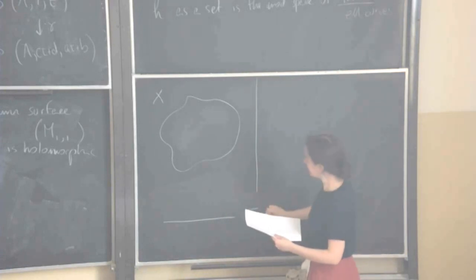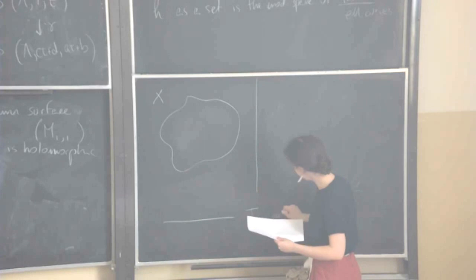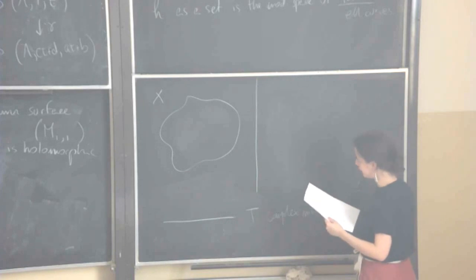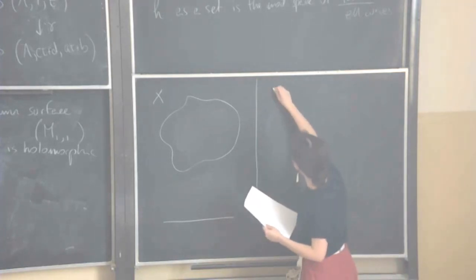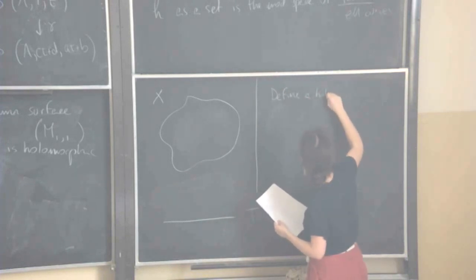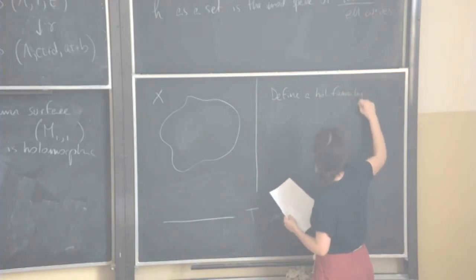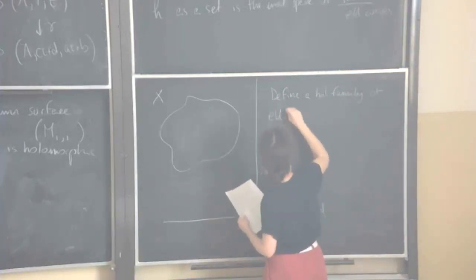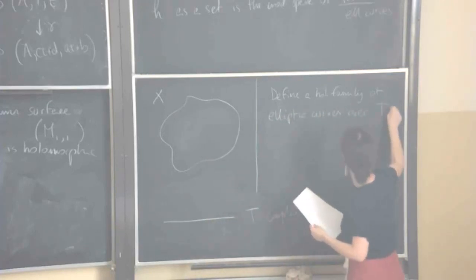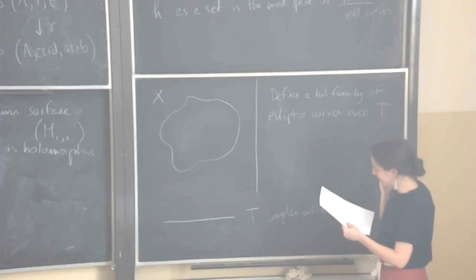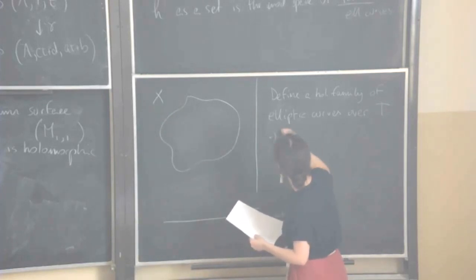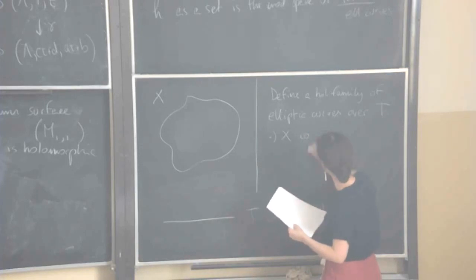Okay, so let's take T, which is a complex manifold. We define a holomorphic family of elliptic curves over T as X, which is another complex manifold.